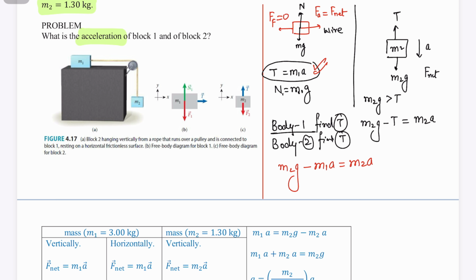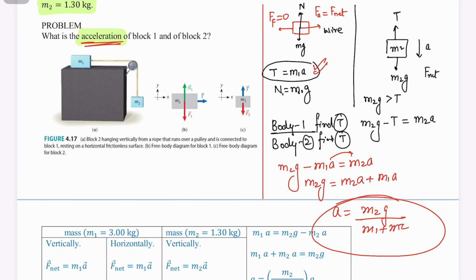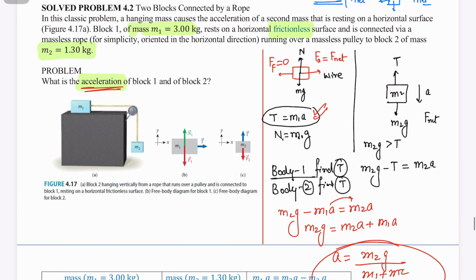So what are we looking for? We are looking for the acceleration. Okay, take it to this side. M2G equals M2A plus M1A. So acceleration is M2G divided by M1 plus M2. Clear? Now whatever values are given, you can place them.